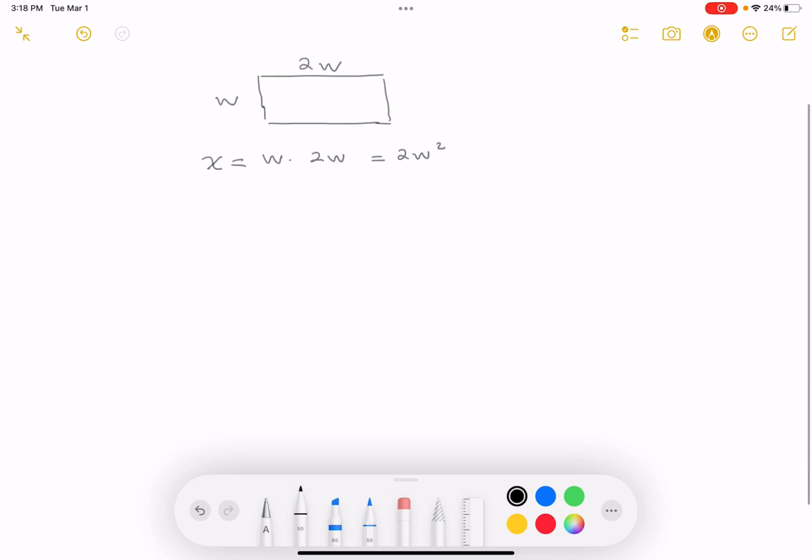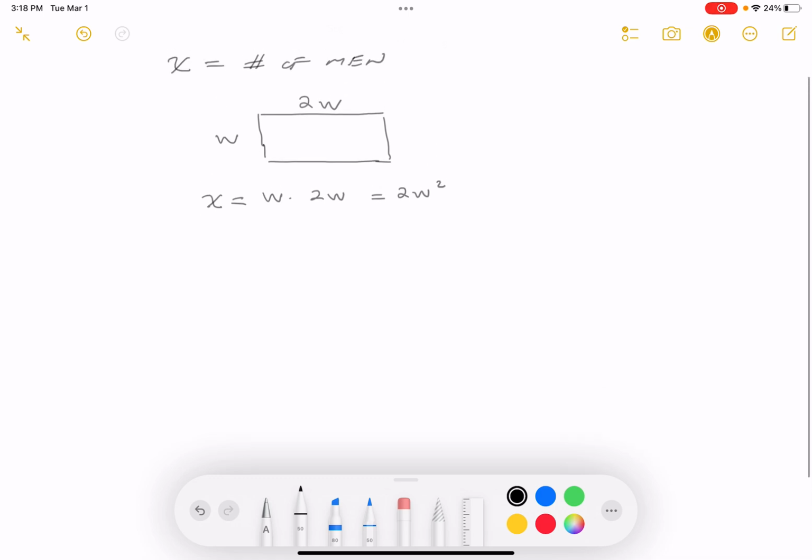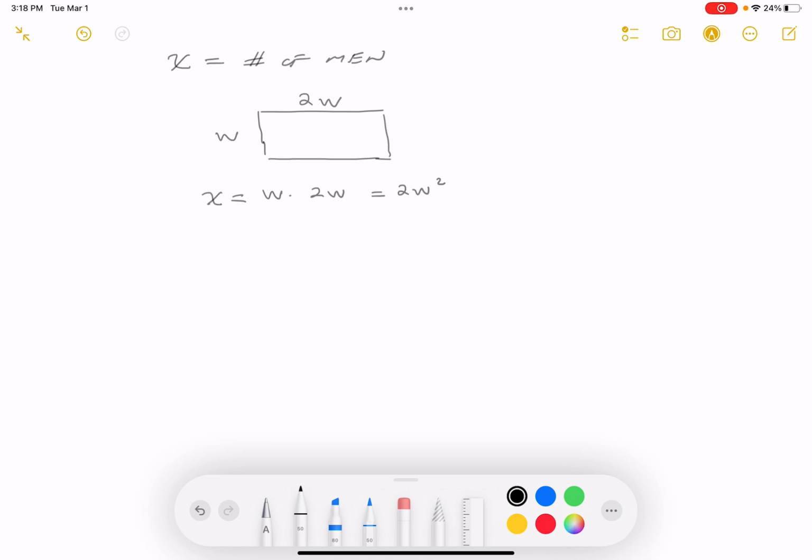Now, I know this hollow formation they're talking about is a little bit confusing. But they said if there were 224 fewer men, so it's going to be 2W squared minus 224, they could form this.